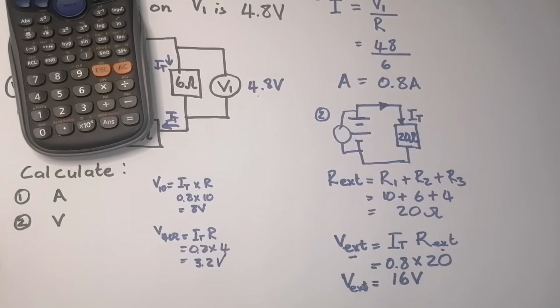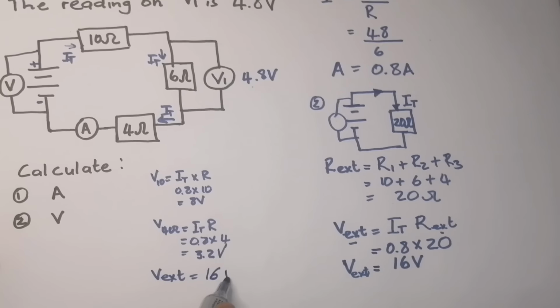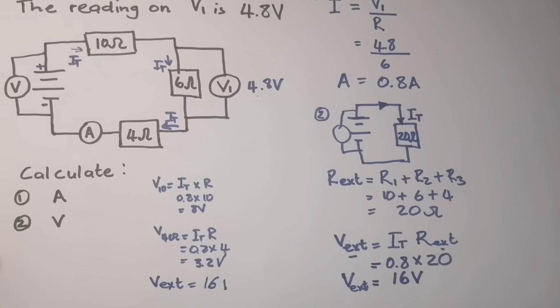Can you see that? In this case, it tells us that the total voltage supplied by the battery is equal to the voltage that is used, and that's 16 volts.